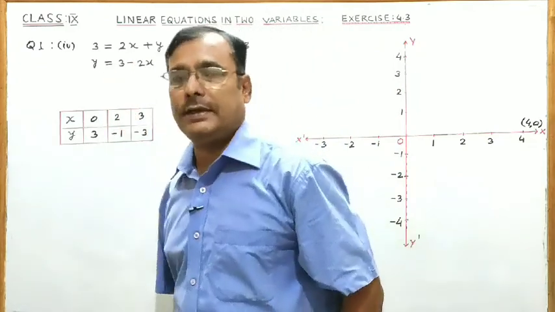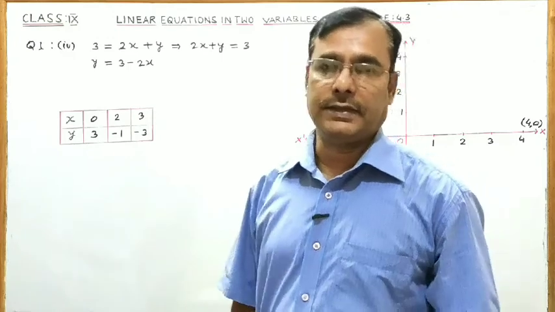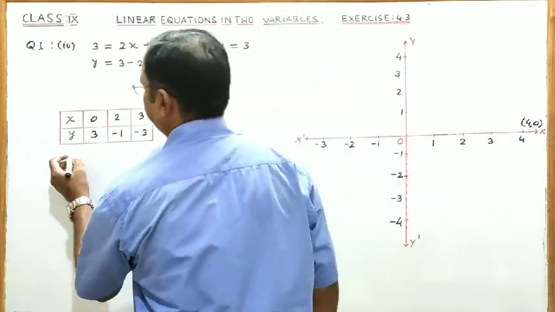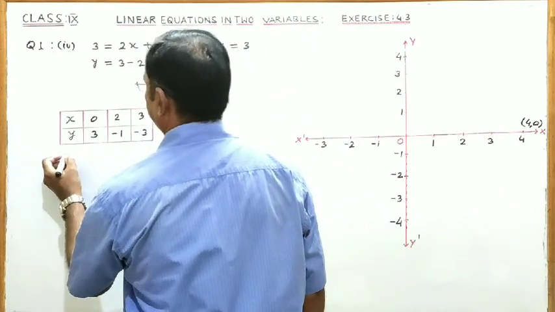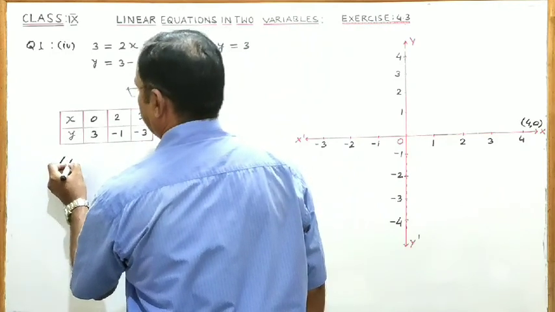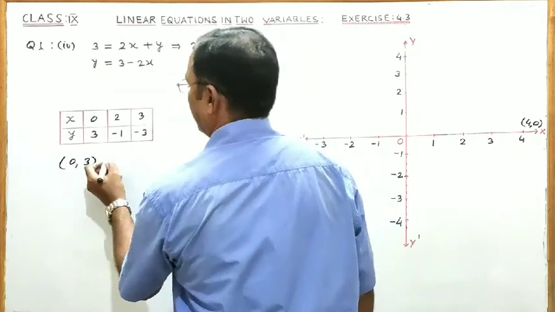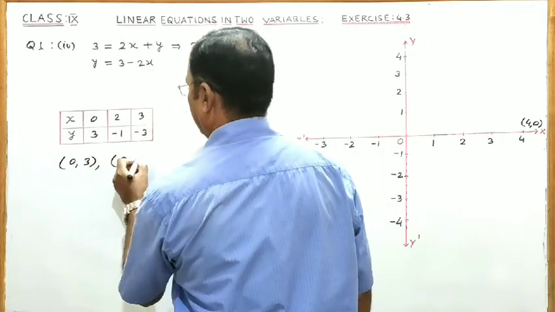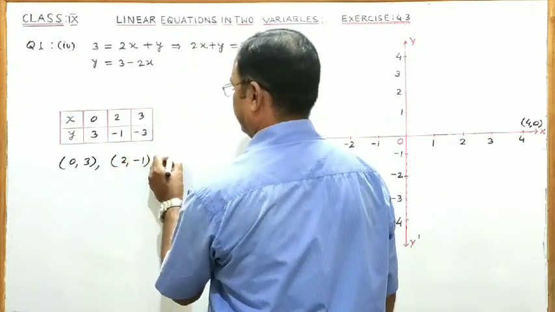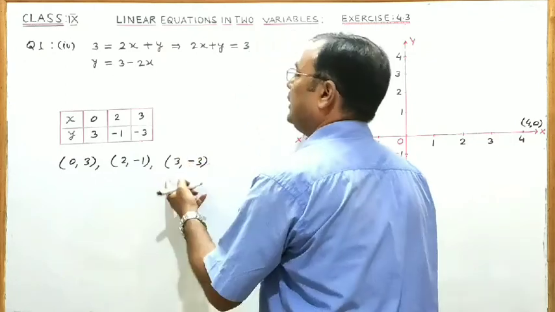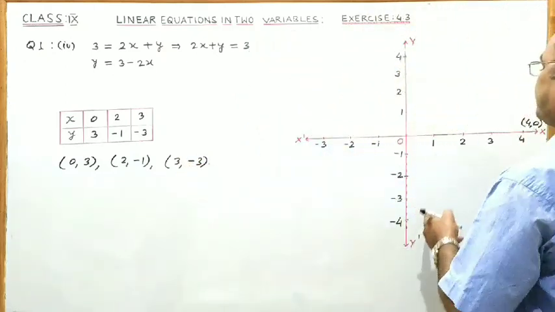So anyway, we have written 3 solutions of this linear equation in this table. Now we shall plot points (0, 3), (2, minus 1) and (3, minus 3) on the graph paper.